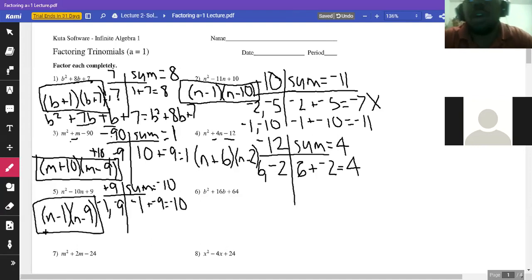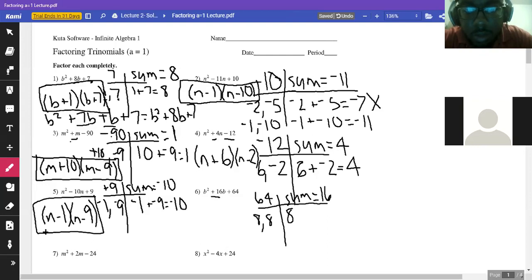Okay, one more, then we'll talk about something else. So number 6, I'm trying to find two numbers that multiply to give me 64 and add to give me this coefficient in the middle, which is 16. All right, so then that's 8 and 8, because I know that 8 plus 8 is 16.